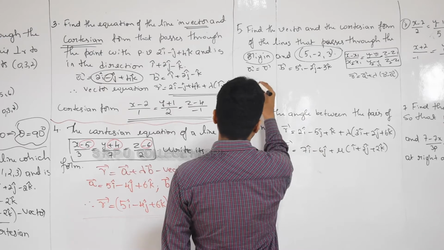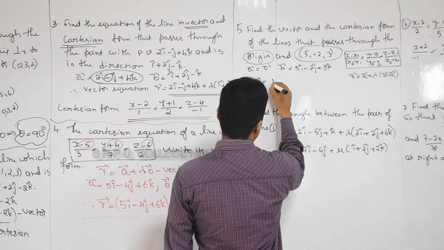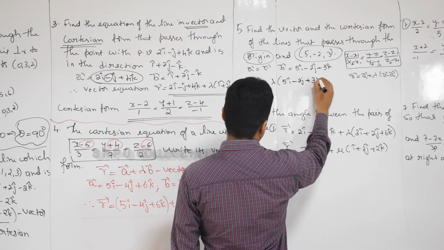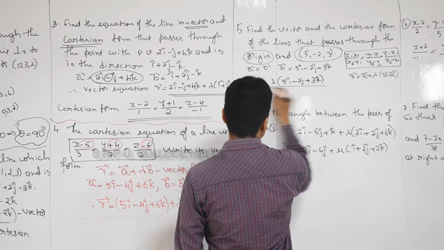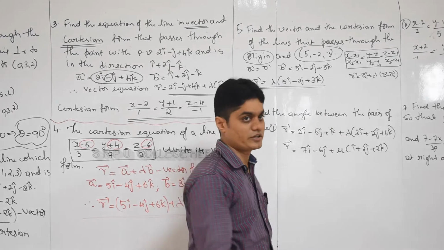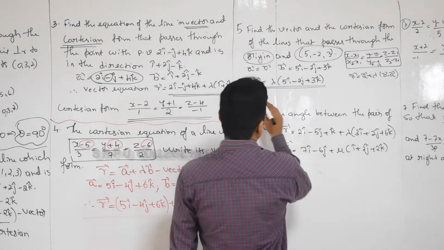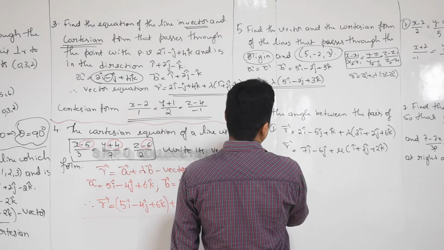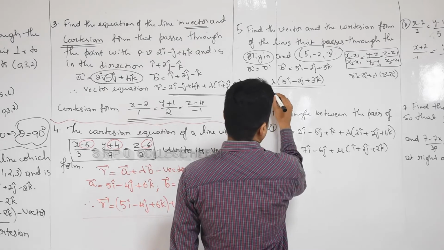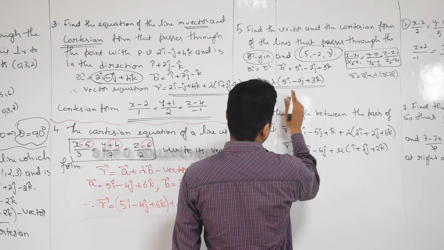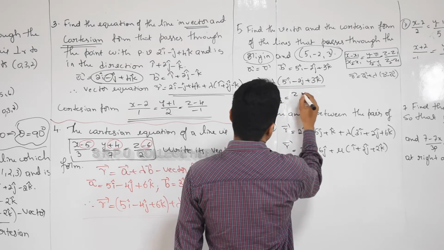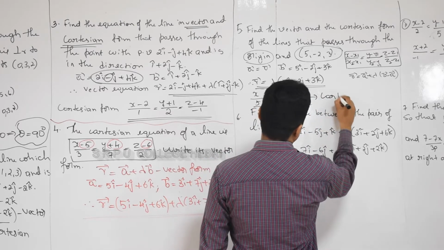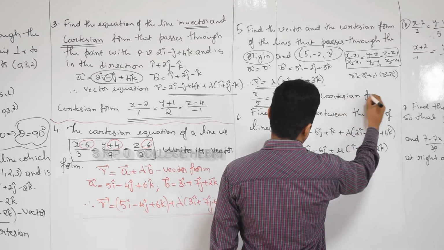Therefore vector r is equal to lambda times 5i minus 2j plus 3k, because vector a will be 0, since one point is the origin with coordinates 0, 0, 0. The Cartesian form is x minus x1 (which is 0) divided by x2 minus x1, that is 5, y minus y1 is 0 divided by minus 2, z minus z1 divided by 3. This is the Cartesian form.